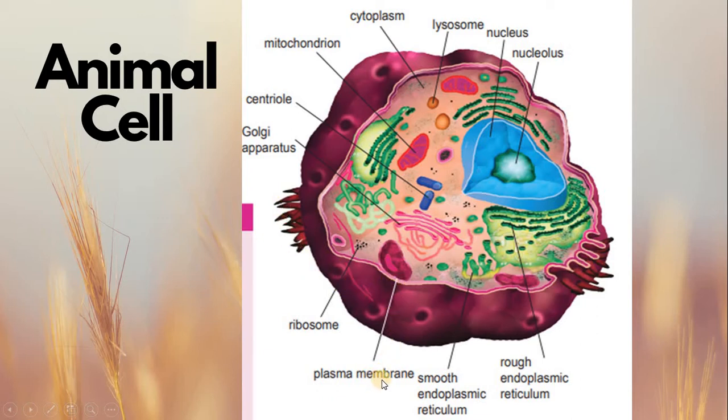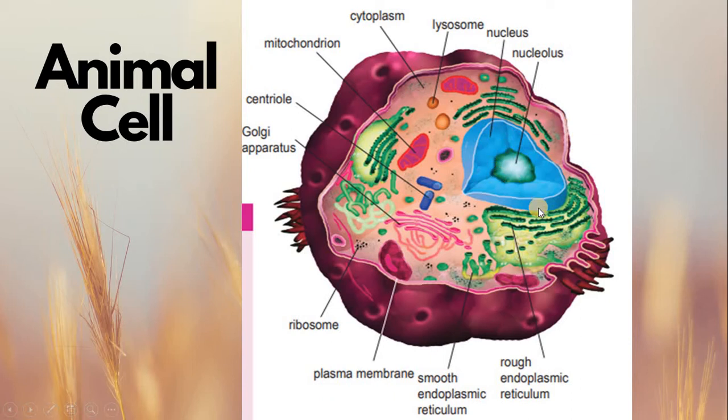Then look at the biggest organelle inside the animal cell. This is the nucleus. Inside the nucleus there is the nucleolus. Make sure you can pronounce and spell the components correctly.